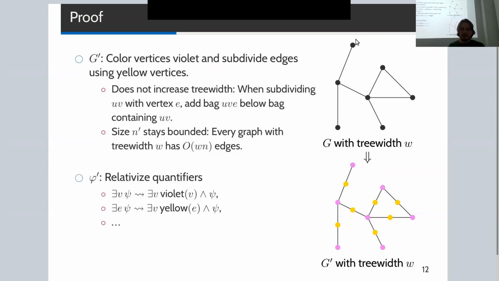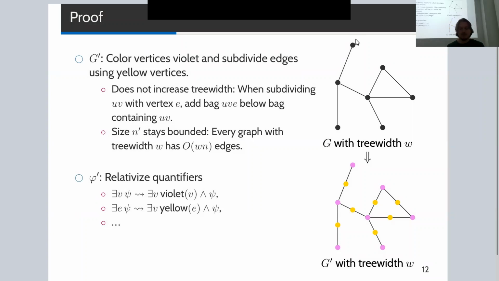And the important thing is that we have to relativize our quantifiers. Whenever we existentially quantify over a vertex in the original graph, now vertices correspond to violet vertices. We say there exists a vertex which is violet and has this property. So before you would ask, there exists a vertex that satisfies phi.